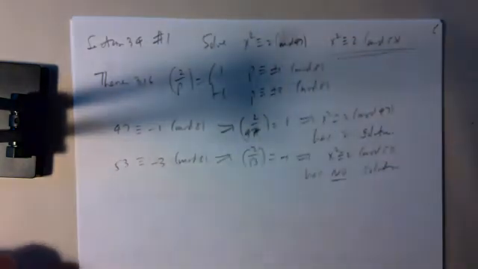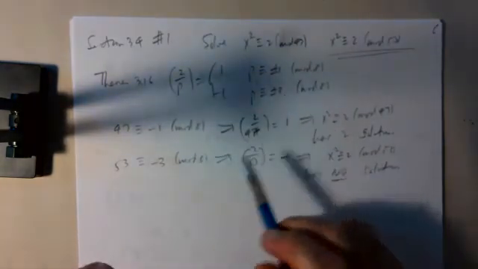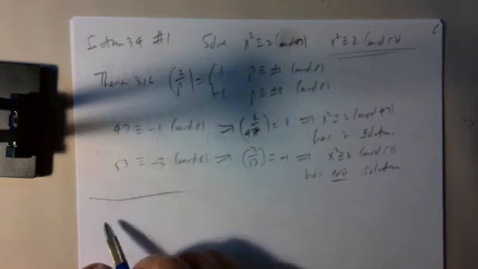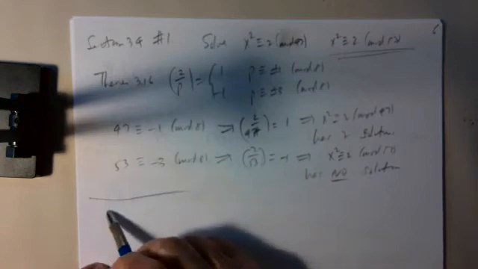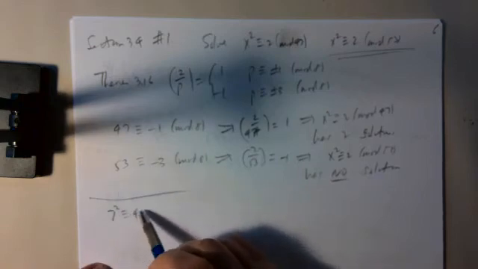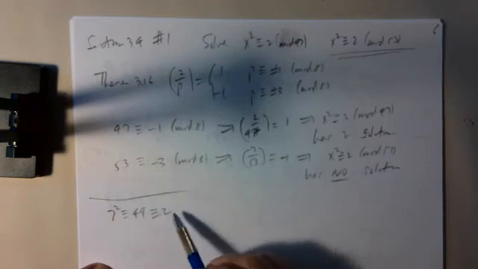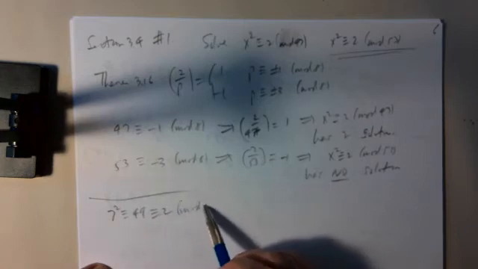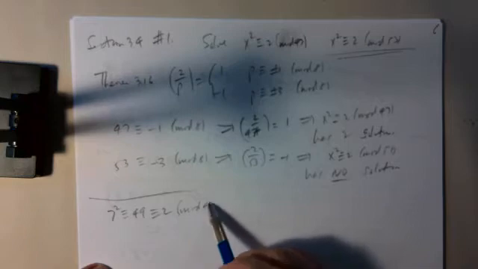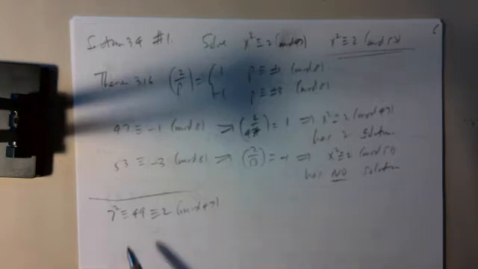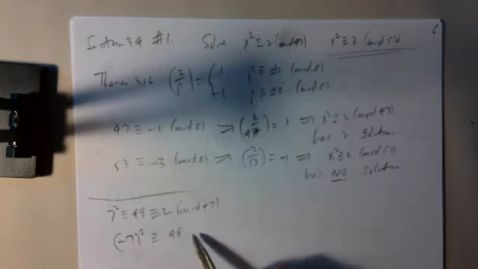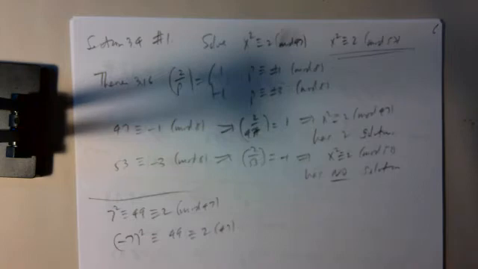And to solve this, well, there's one obvious solution, because you just look at squares, and 7 squared is 49, which is congruent to 2 mod 47. And minus 7 squared is also 49, which is congruent to 2 mod 47.